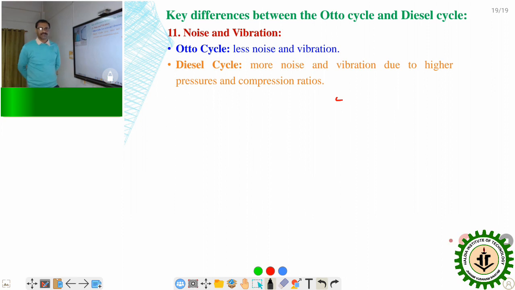Okay students, I think you understand the working principle of the four stroke IC engine. So just to sum up, IC engine means internal combustion engine.